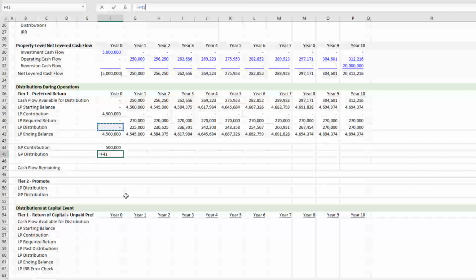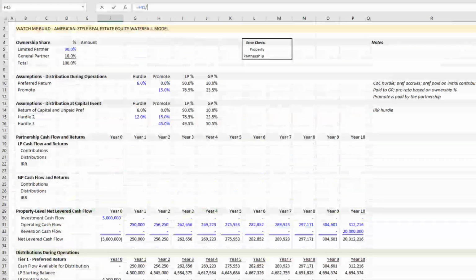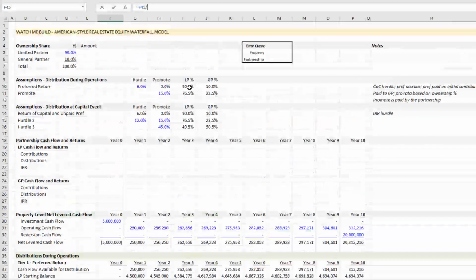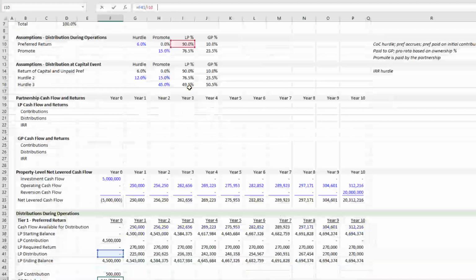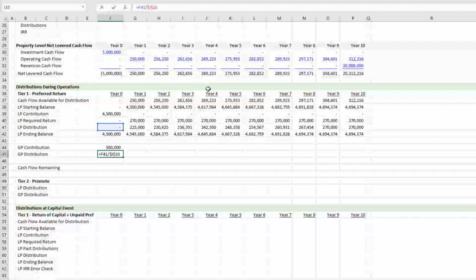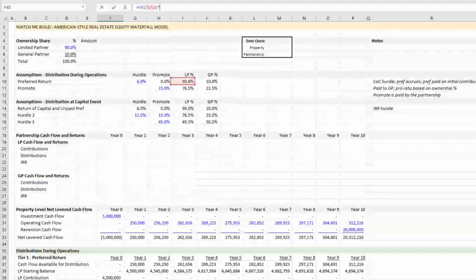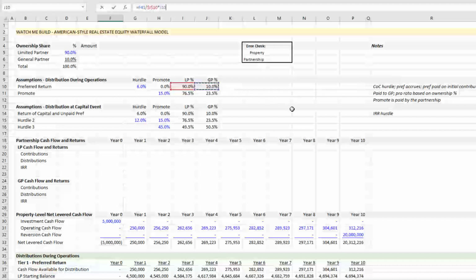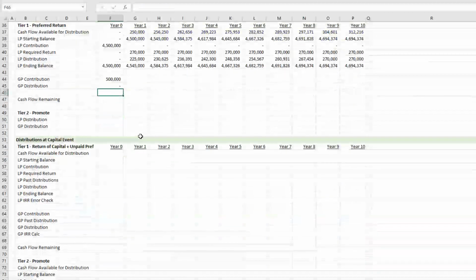All we have to do is take the LP's distribution and divide it by the distribution percentage of the LP, and hit F4 on that. That basically grosses up the cash flow to the total amount that should be distributed to the two partners in this first tier during operation. And then I multiply that amount by the GP's distribution percentage, hit F4 on that cell.